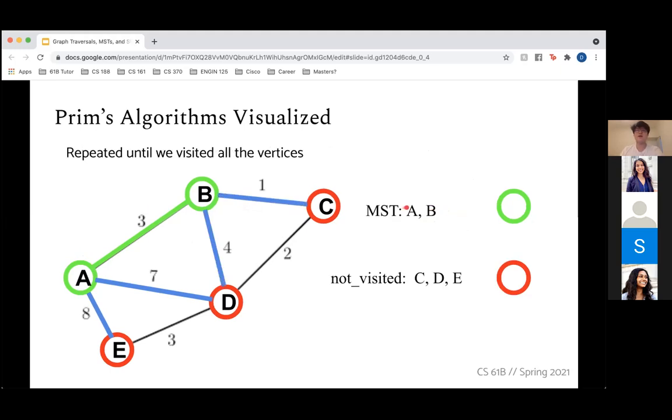Okay, moving on. Now we have MST set A, B right over here. And our non-visited set is going to include C, D, and E. So the crossing edges for these two sets are going to be 8, 7, 4, and 1. So which edge would we want to add in our MST here?